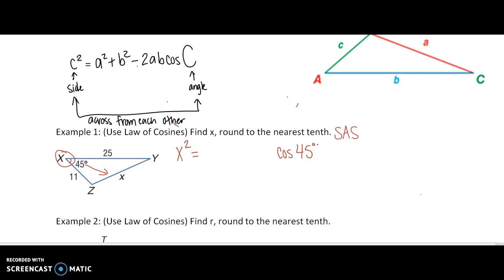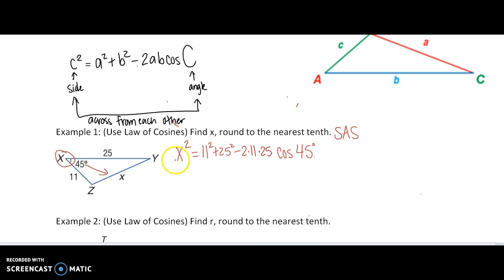Then I fill in with the two legs. Like I said, it does not matter the order with the 11 and the 25. It's just that one of them needs to go in front of the other. So 11 squared plus 25 squared minus 2 times 11, keeping it in the same order, times 25.